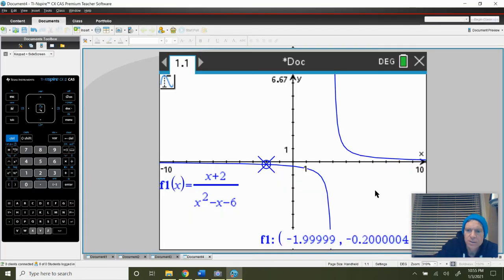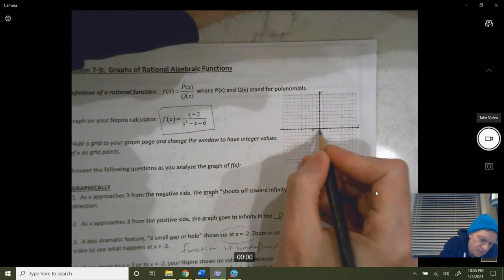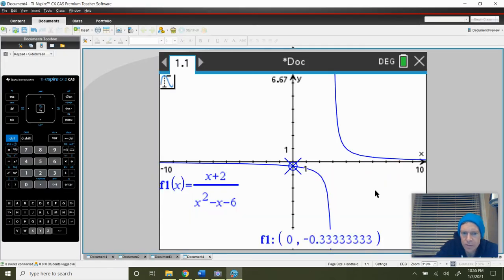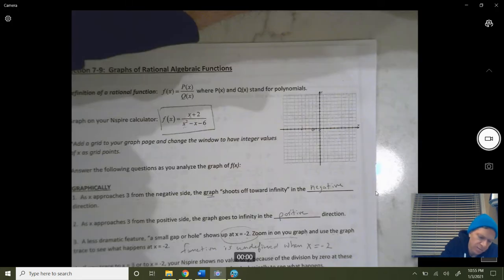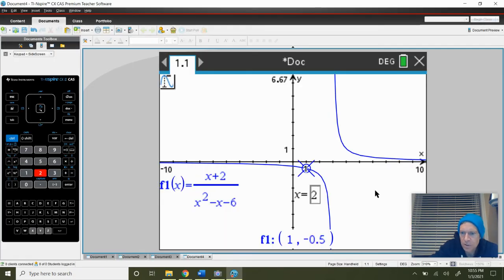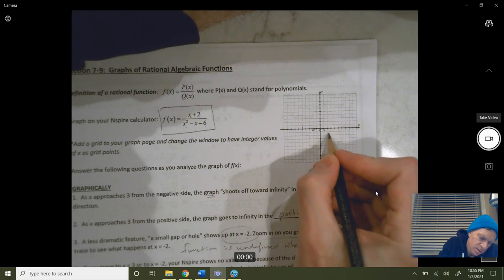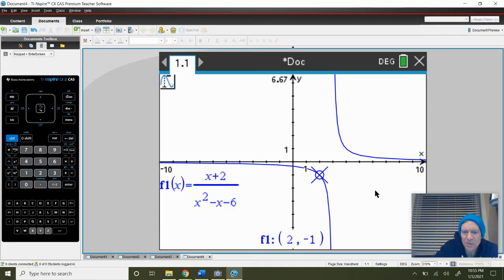Okay, let's check when x is 0. Our y-intercept is -1/3. Plot a couple more points. When x is 1, we've got -0.5. When x is 2, we've got -1. And then when x was 3, we have an asymptote, okay?